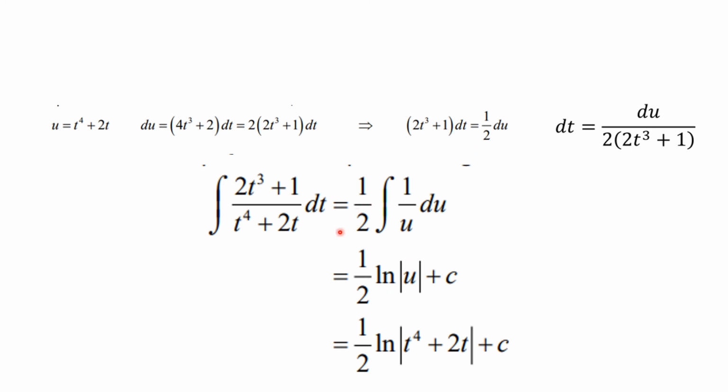The next one is similar but different. This is u, and this is dt again. But when I make the substitution, I have 1 over u. That's going to be the natural logarithm of the absolute value of u, and I reverse my substitution, and this is my answer.